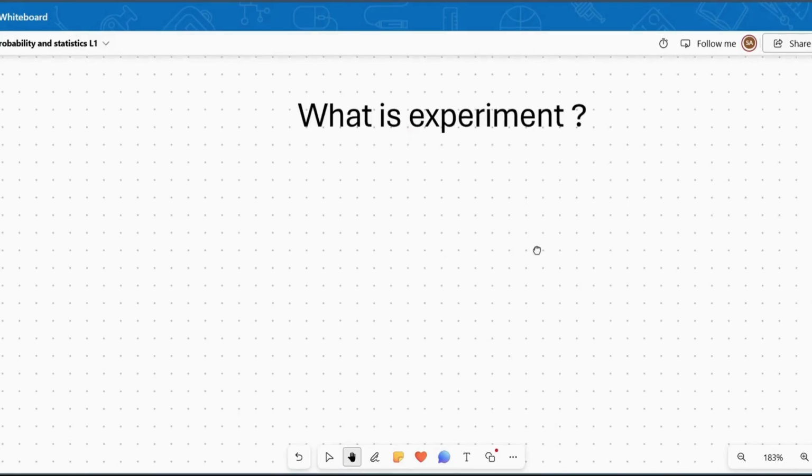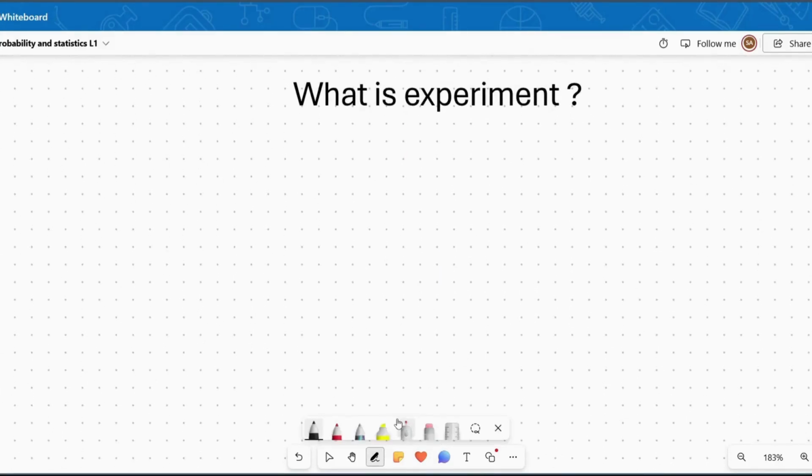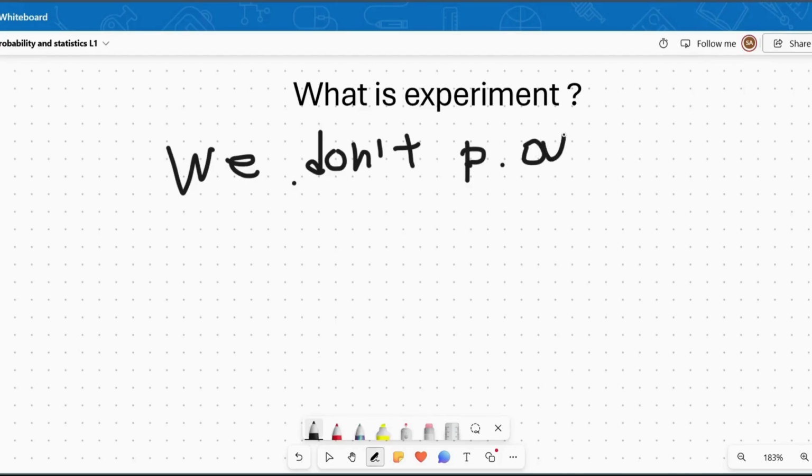Now talk about experiment. What is an experiment? Why do we do an experiment? Because we don't know some answers. So searching for some answer, we do some experiments. Simply, we can say that we don't know the possible outcome before the experiment.